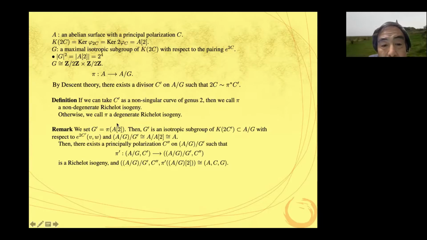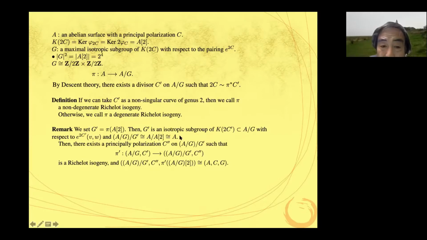the image of the two torsion points here, and we denote it by G', then G' is an isotropic subgroup here. C' has a principal polarization here. And so if you take the quotient using this one, then this is isomorphic to A over the group of two torsion points.